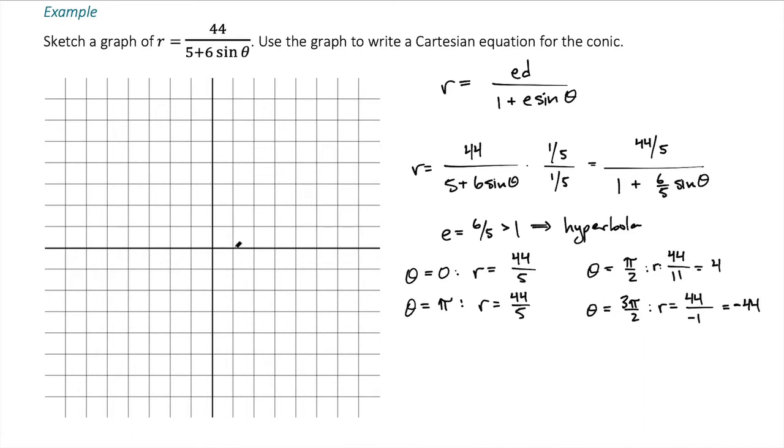So that's going to be going 2, 4, 6, 8, and then 0.8 would be right around here. So when theta is 0, we get this point here. When theta is pi, we go the same distance but in the opposite direction here. So 2, 4, 6, 8.8 gives us a point right there.